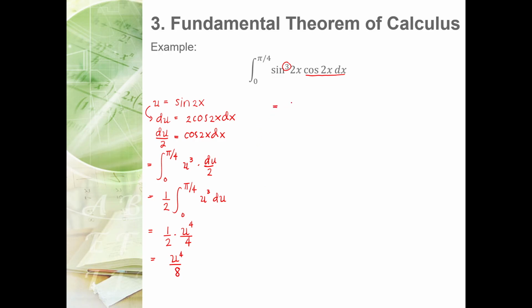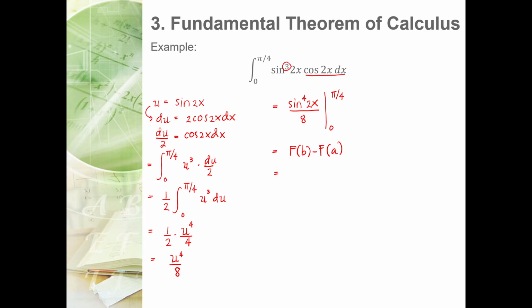So we have sine to the power of 4 of 2x all over 8. Then apply the limits of integration from 0 to pi over 4. So starting off with the upper limit, so again, f of b minus f of a. So f of b is at pi over 4.